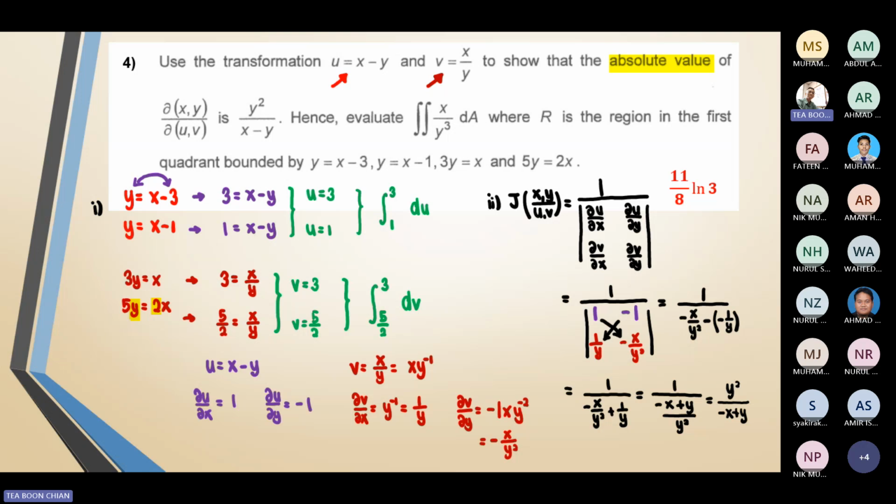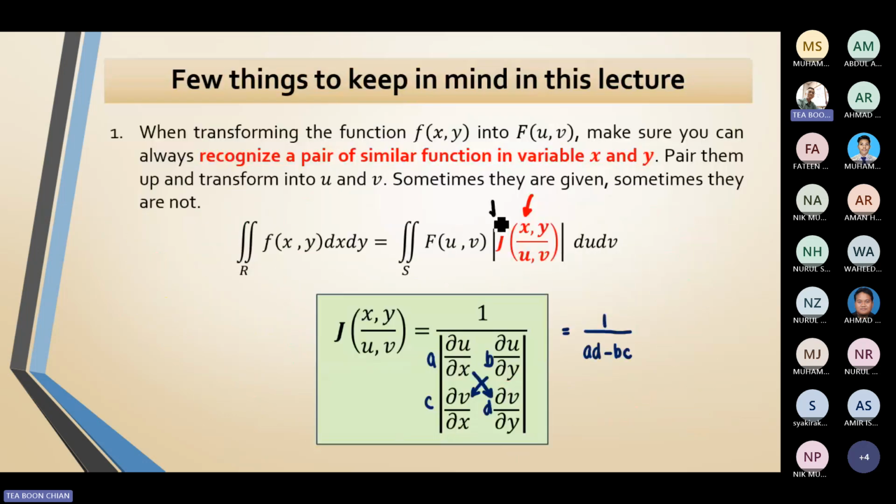Now, let me flip back the notes a bit. I hope you still remember when you plug in the Jacobian inside the uv transformation, this part is actually the absolute value. Negative will be transformed and converted into a positive sign. So you just need to add on this gate in front and behind to show the proper result.